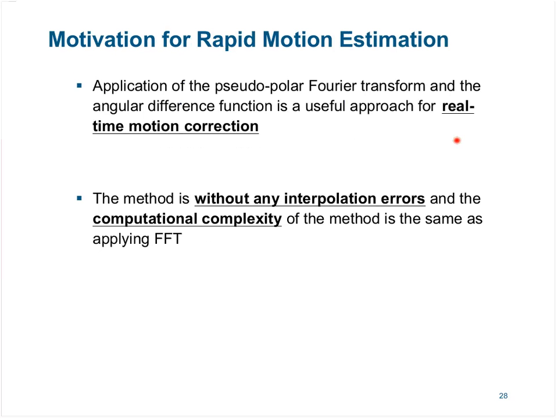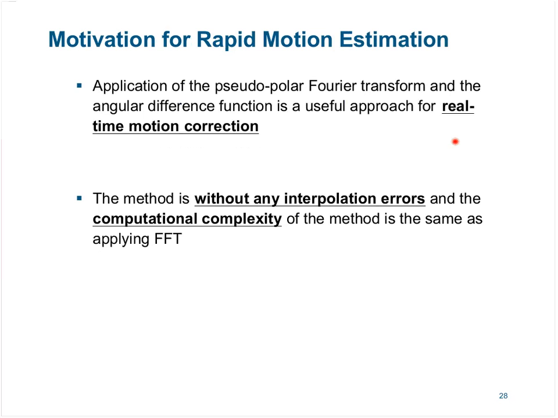And the motivation for rapid motion estimation is that the pseudo-polar Fourier transform is applied, and the angular difference function, which is related to the processing after the calculation of the pseudo-polar Fourier transform, we consider a useful approach for real-time motion correction, because it is very fast in terms of computational power and time.